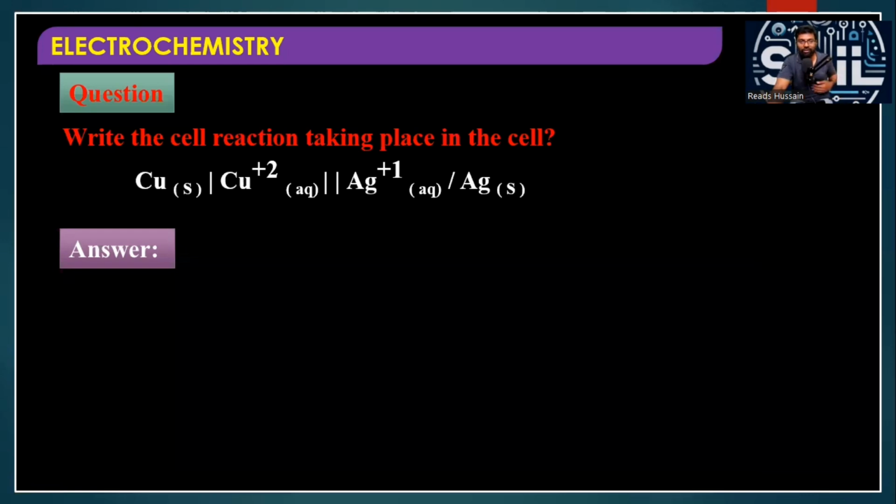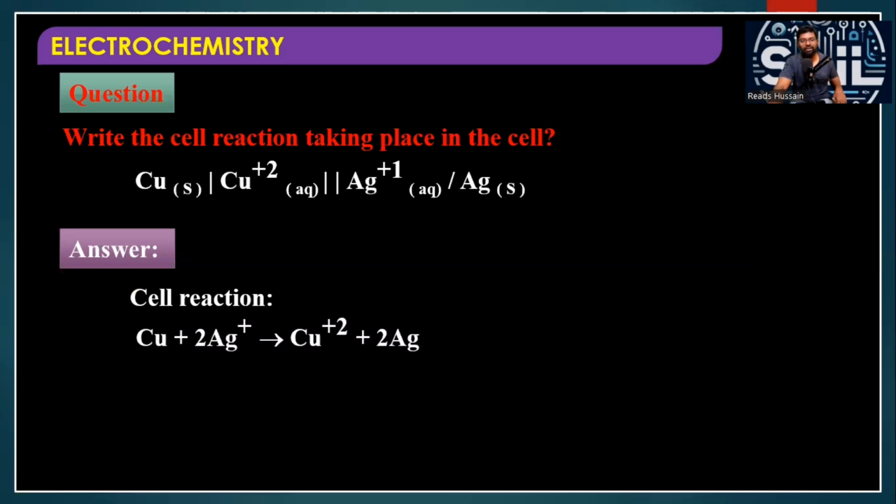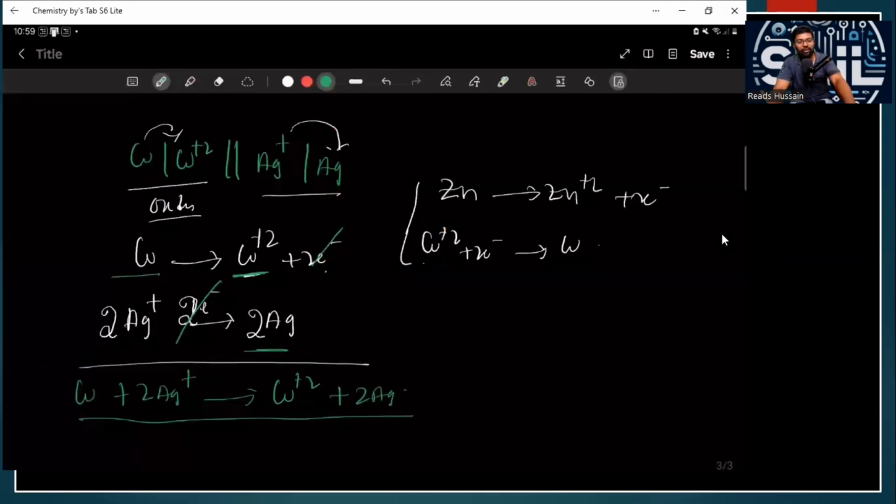Don't give up, struggle yourself and try to understand. And if you don't understand, you can ask me right now. I'll explain one more time, no problem. So now let's give this answer. This is the complete cell reaction. How the cell reaction can be written, I have explained with some other slide, so you can understand.